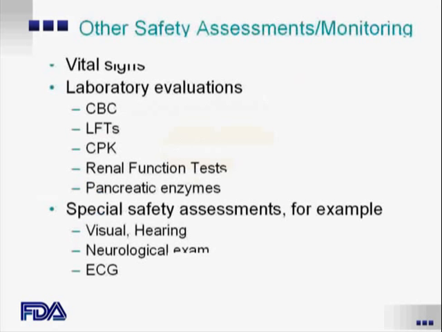So additional safety assessments and monitoring employed in clinical trials are assessment of vital signs, evaluation of laboratory parameters, as well as special safety assessments as dictated by the previous examination of safety and safety signals.